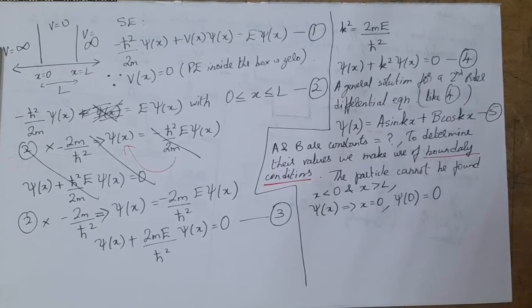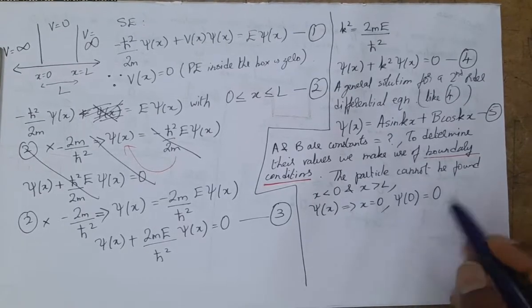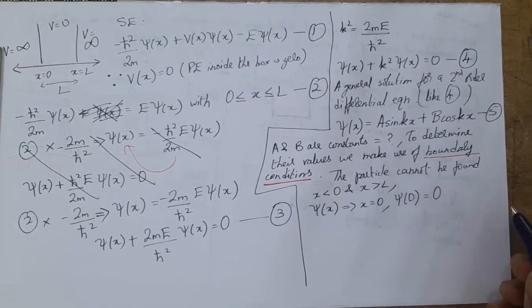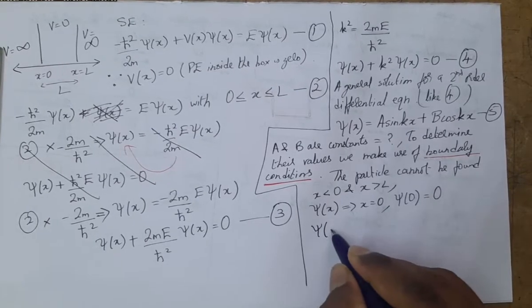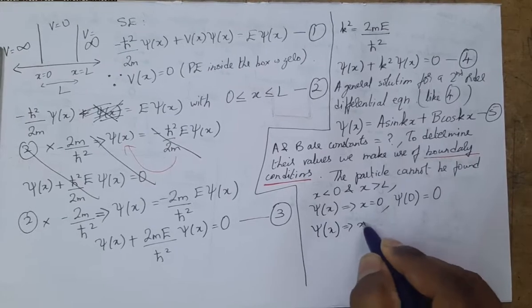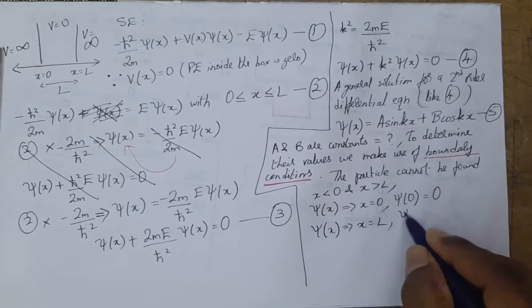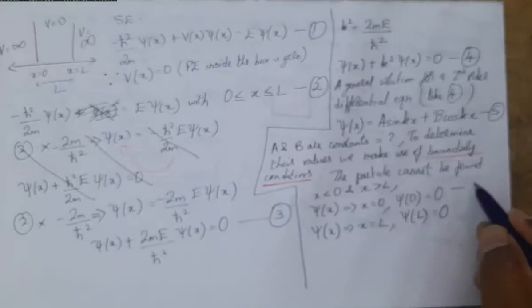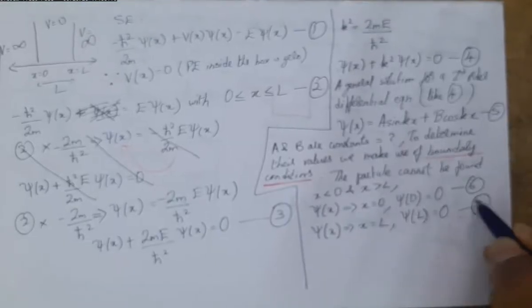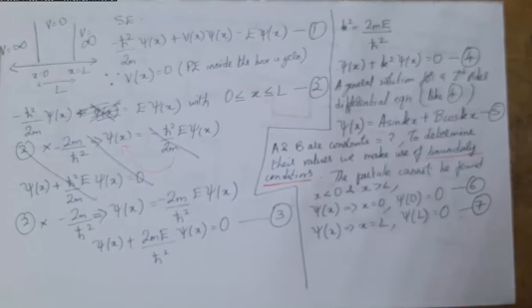The particle cannot be found at that boundary, so the wave also cannot be found there. In a similar way, when x equal to L, psi of L will always be equal to 0. So we will make use of both these conditions to find A and B.